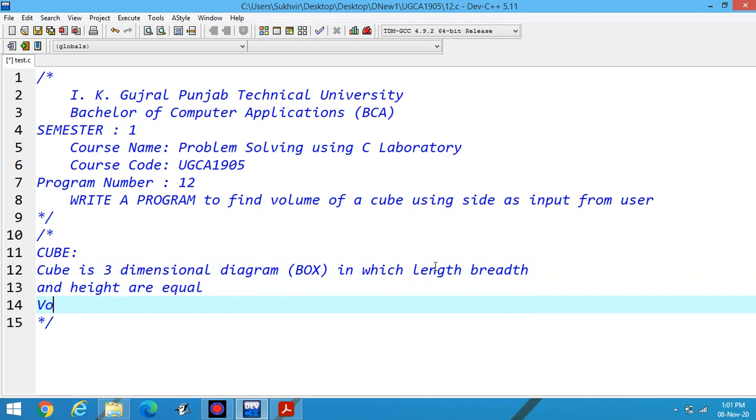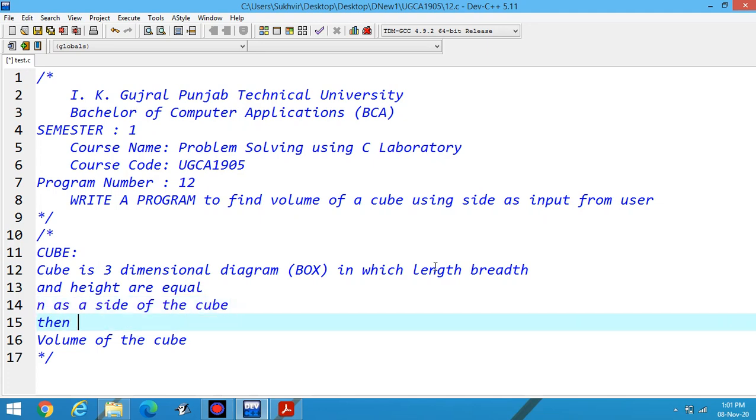And what about the volume of the cube? When all the sides are equal, let suppose I am saying n as a side of the cube, then each side is equal to n.